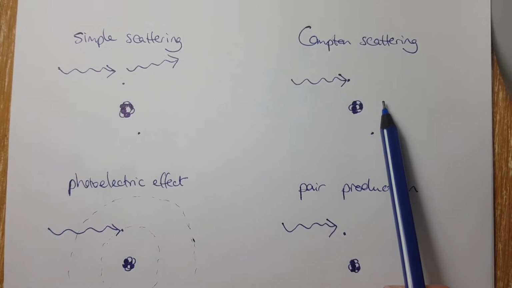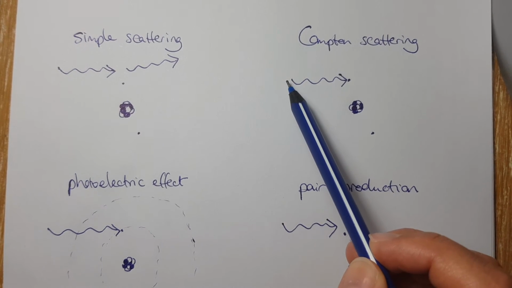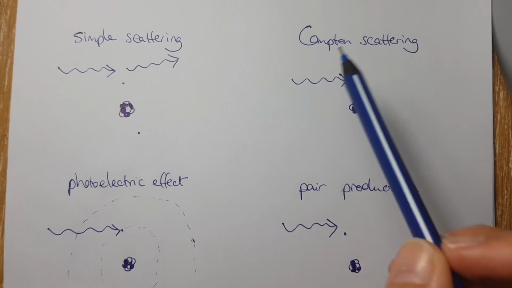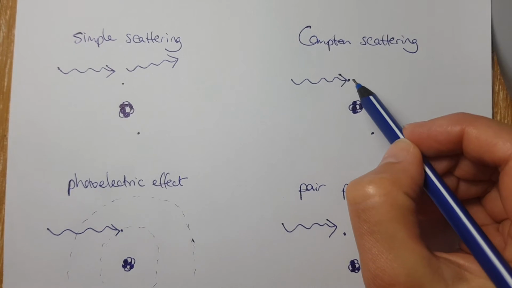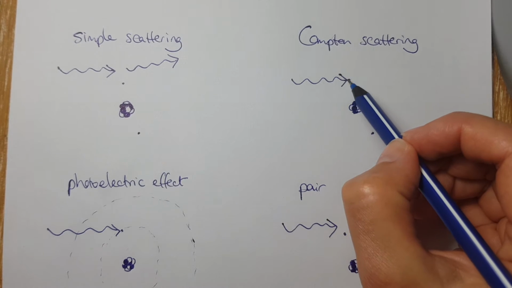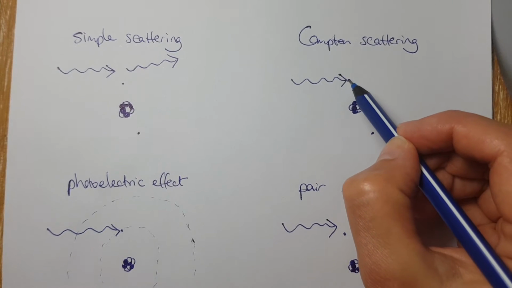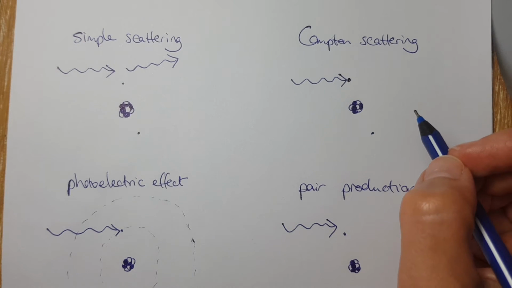In Compton scattering, something very strange indeed happens. This is for relatively large energy X-rays. So in comes an X-ray, and you don't really need to understand why, but basically it behaves as though it was a particle, and it sort of collides with one of the atomic electrons.